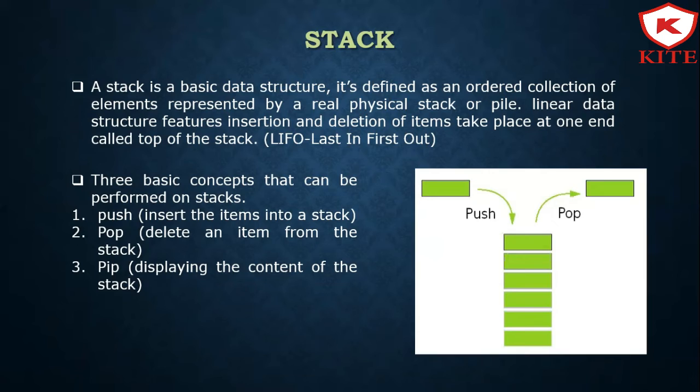Think of a stack of books or plates: you can remove items only from the top. You can use these concepts throughout programming. The implementation of the stack is also known as the LIFO operation, or last in first out.